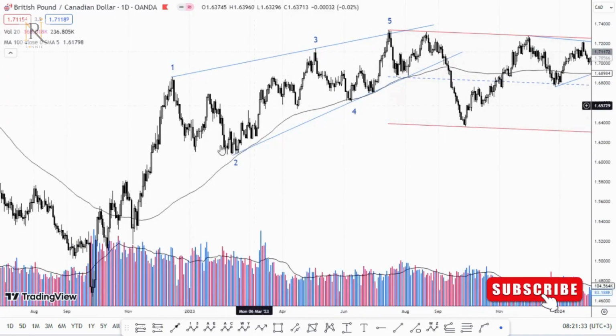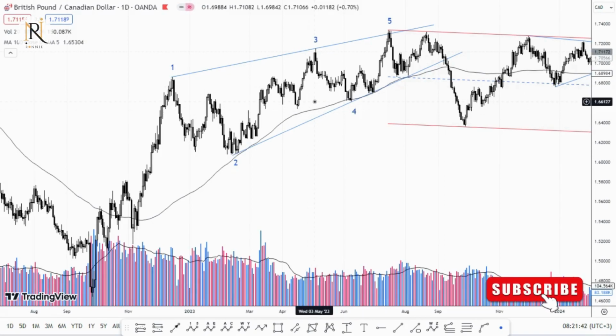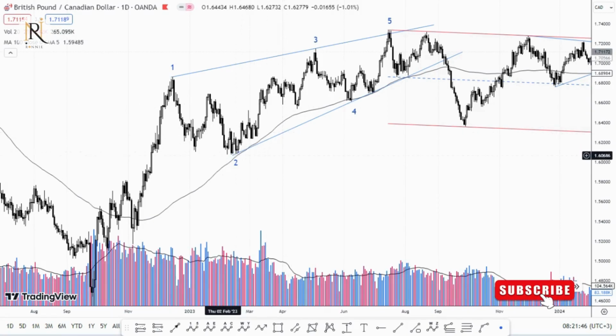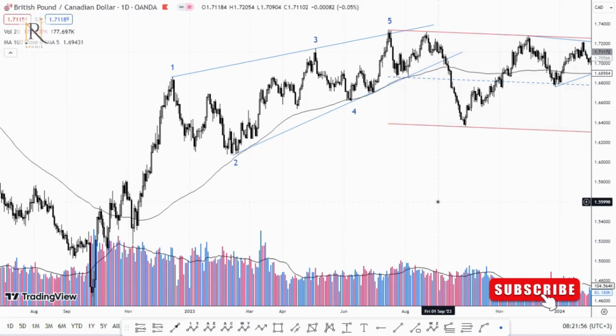So this is the wedge that we are trading, and this type of wedge is very common because you will see it most of the time. In this case, this is a 3-3-3-3-3 type of wedge, and that is the first step in determining what type of wedge you are trading. That is the most important first step.